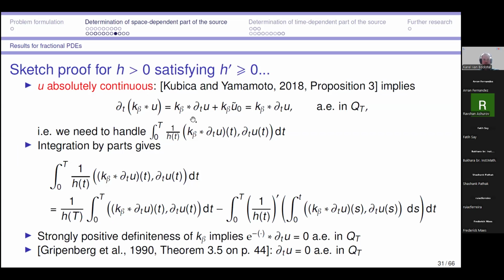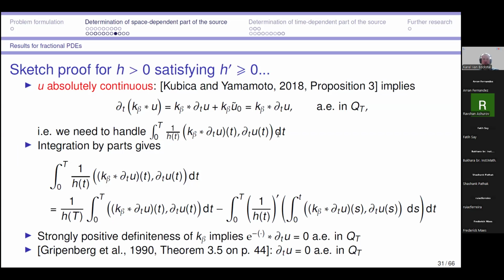Okay, this I just mentioned. So in the case of uniqueness, again, we have that u tilde 0 is equal to 0. So we need to handle this integral and the other terms.